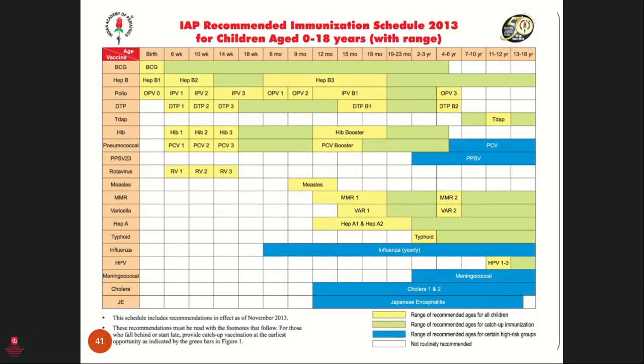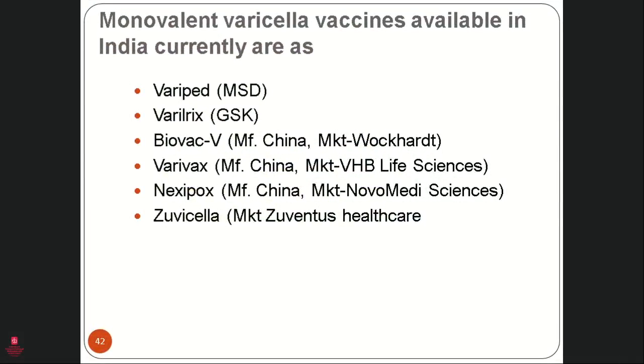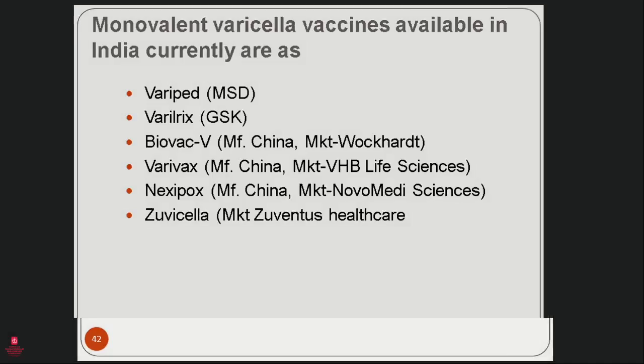Now you can see the schedule of India. Monovalent varicella vaccines available in India currently are Varilrix, Nexipox, and others.